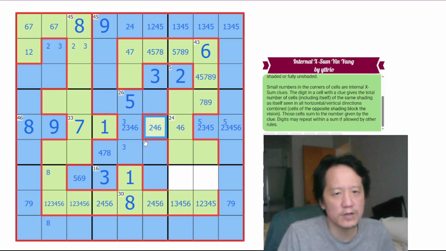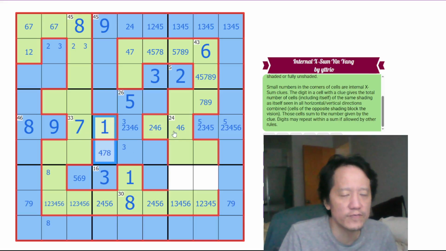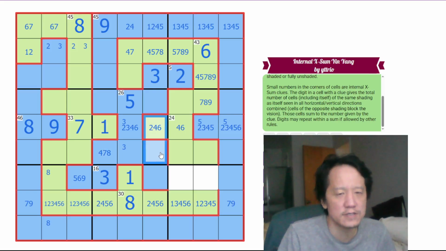What else do we have? So this is 26 here, which means these 4 add up to 19, because 45 minus 26 is 19. Does that tell us anything? Not particularly.